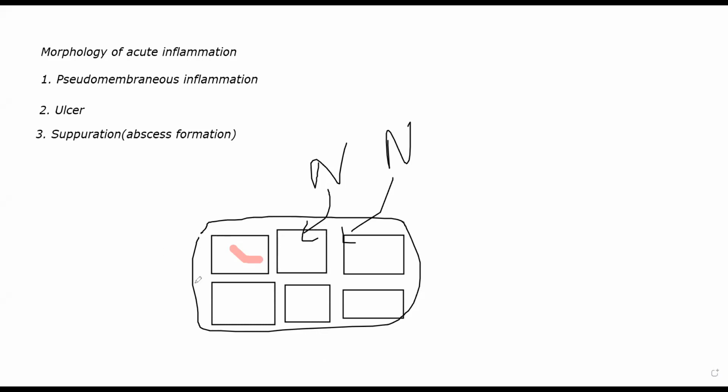That red vertical line represents a bacteria. This bacteria caused the death of that cell, or a bunch of cells as well. Let's suppose it caused the death of this cell, this cell, and this cell, so it is affecting all four cells: one, two, three, and four. Because of this, these cells might undergo necrosis. When they are undergoing necrosis, they are essentially dying, and their cellular components are degrading beyond repair.